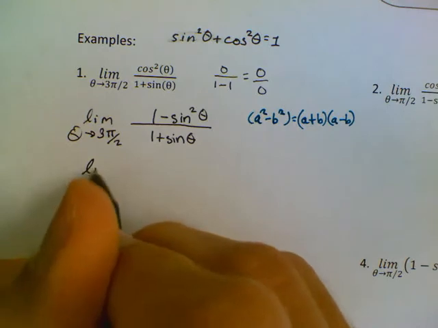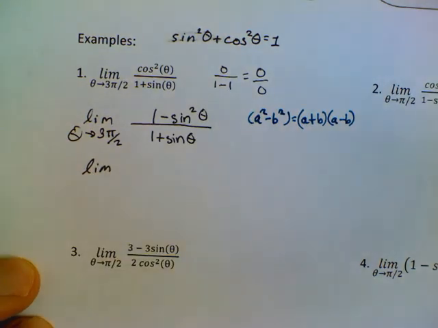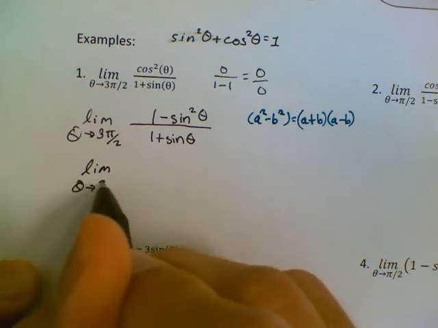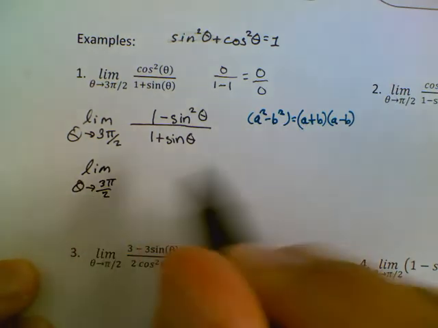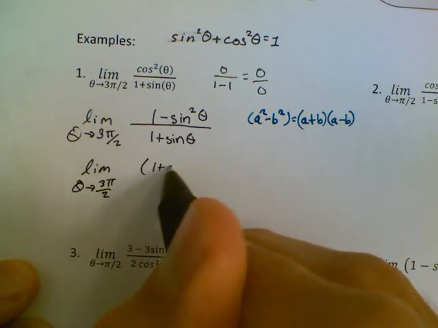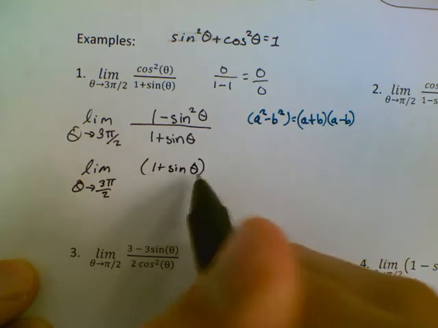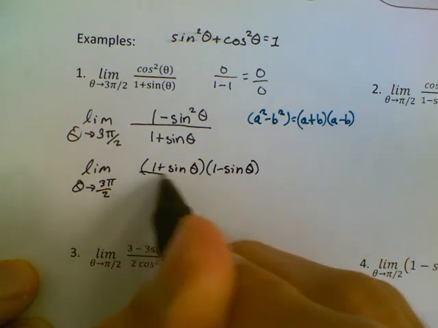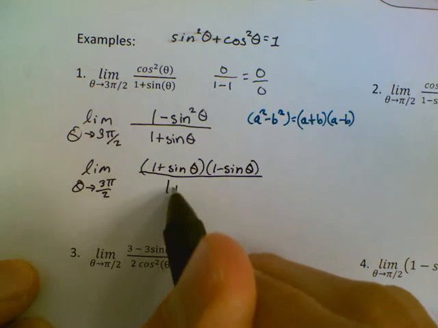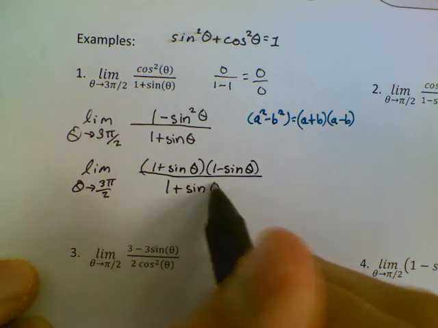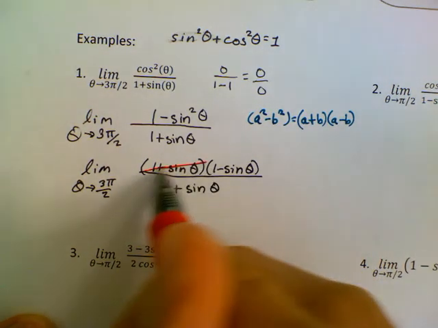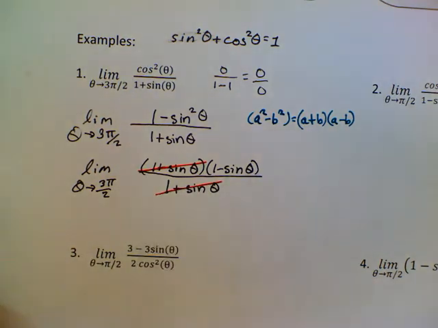So we've got the limit as theta approaches 3 pi halves of 1 plus sine theta times 1 minus sine theta all over 1 plus sine theta. So what we can do there is cancel out the common factor on top and bottom.